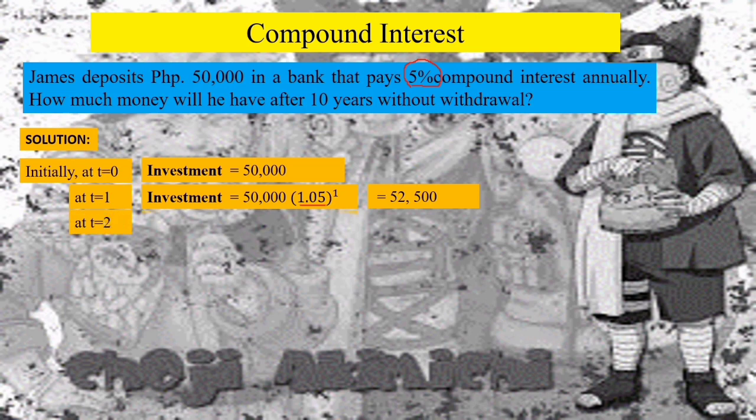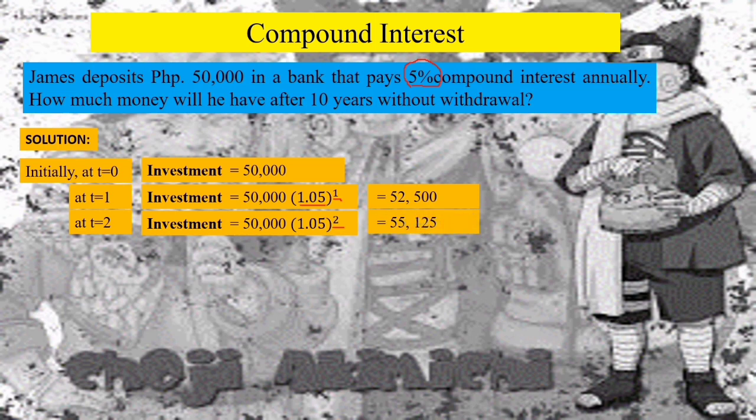How about if at T is equal to 2? So, ang investment mo, 50,000 times 1.05 raised to the power of 2. Okay. Yung exponent natin dito, class, na 1 and 2, ito yung year natin. So, sa 2 years, magkano ang pera mo na makukuha in 2 years?